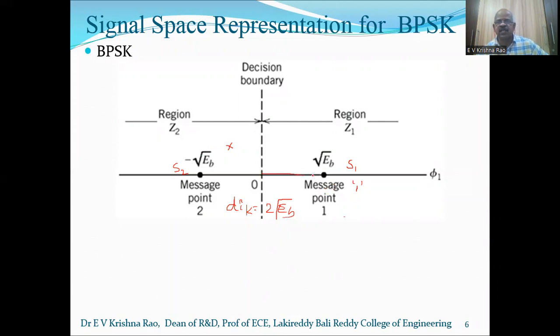So this is the signal vector, this is the noise vector, and this is the resultant vector. When it lies in the other region, only then do you get the probability of error. Similarly, vice versa.